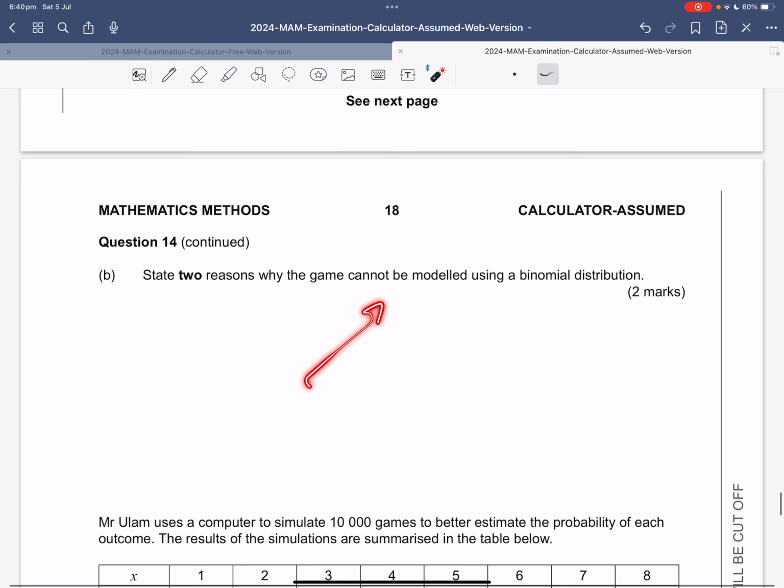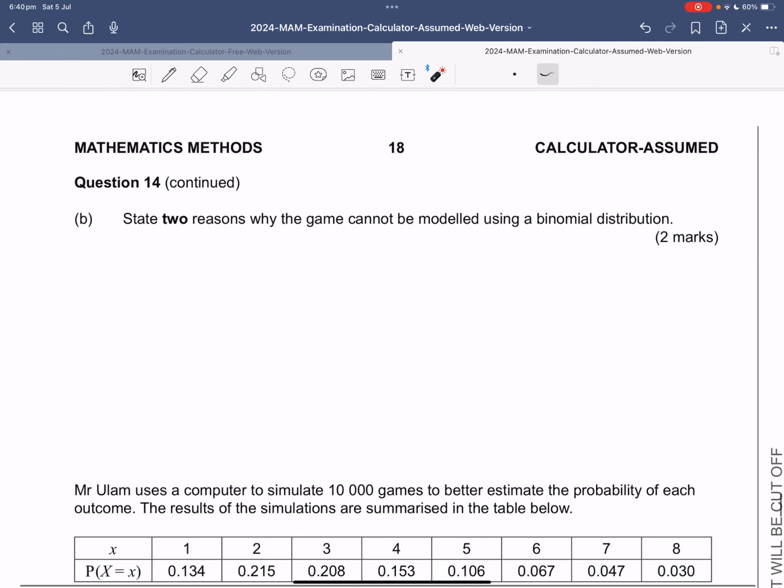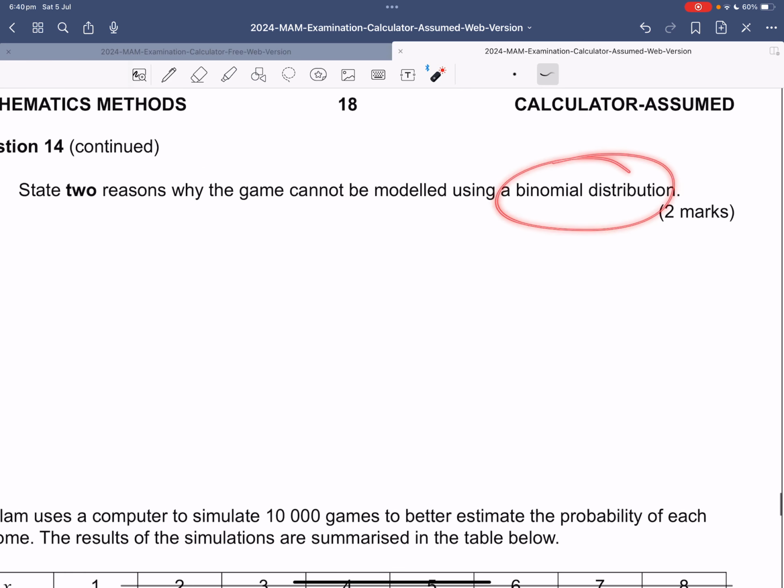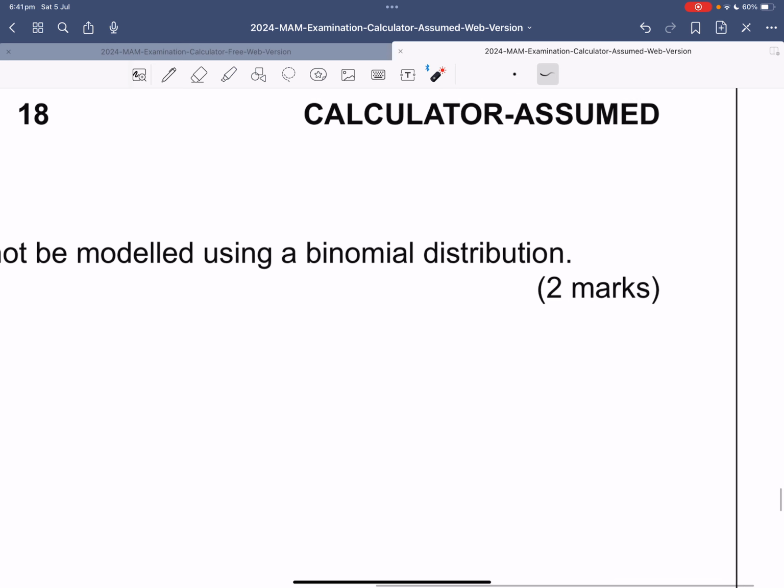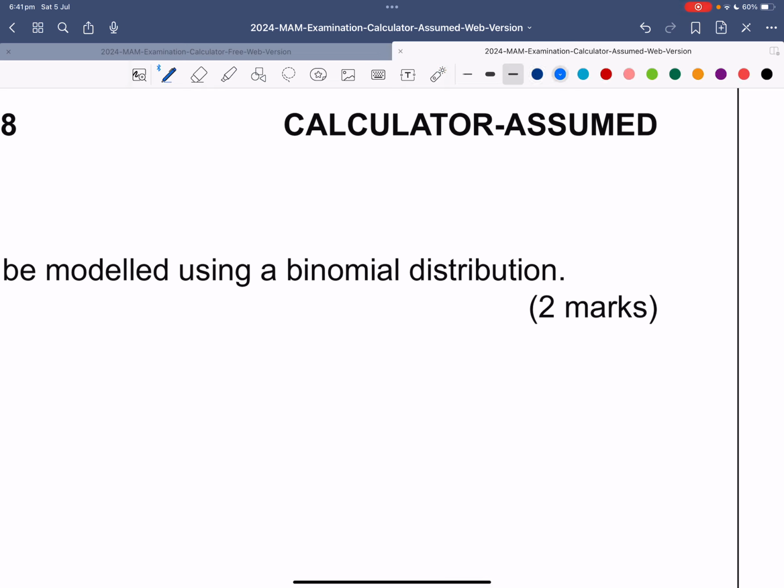All right, state 2 reasons why the game cannot be modeled using a binomial distribution. Now, guys, what are the criteria for a binomial distribution? There are 3 criteria. The first is that the trials are independent.